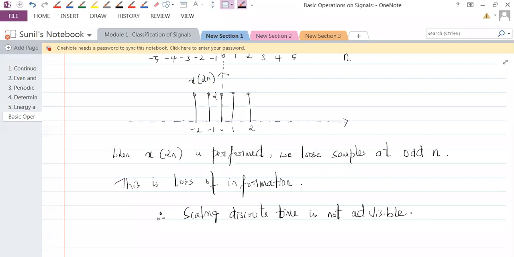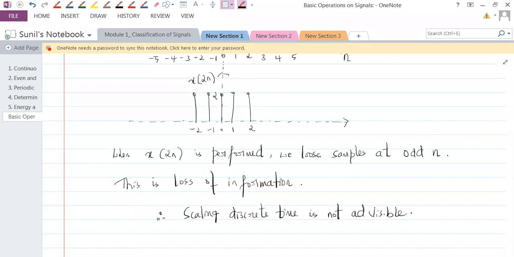Then you can say I'll scale by a factor less than 1. No, don't go for scaling at all, they say, because they don't know what is going to happen. That will expand, yes, that will expand obviously, but since when we are trying to compress it, we are losing the samples, that's why they say let's not go for scaling the time in discrete time signal.